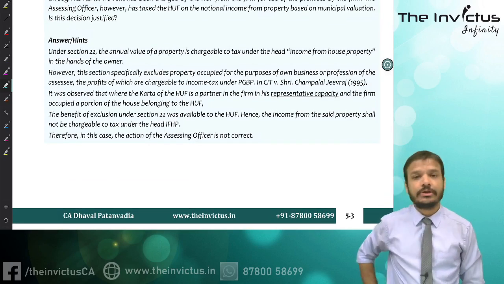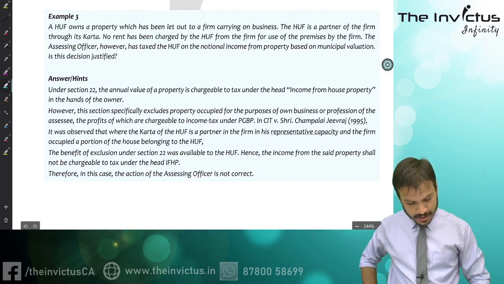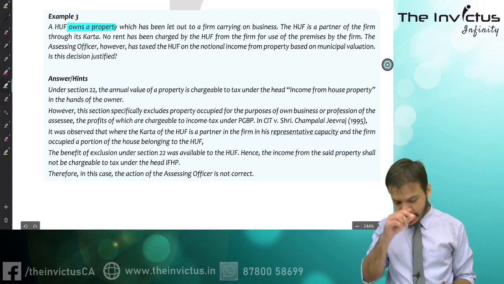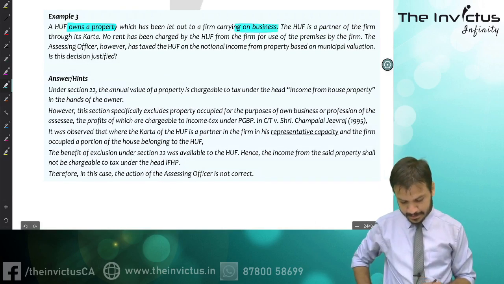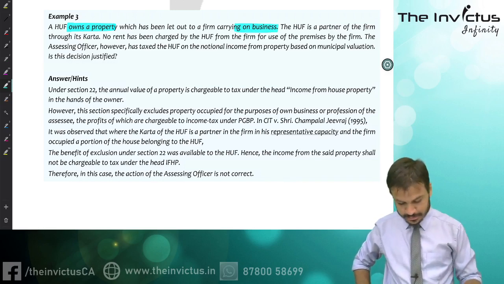Now one question is given to you. Under section 22, a HUF owns a property which has been let out to a firm carrying on business. The HUF is a partner of the firm through its Karta.